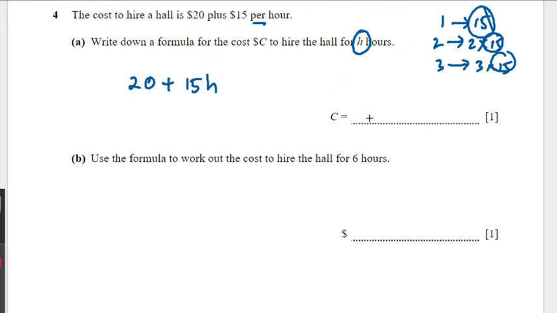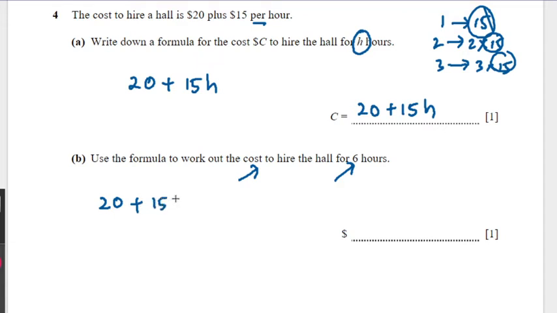Therefore the cost to hire the hall is C equals 20 plus 15h. Got it? For question B, use the formula to work out the cost to hire the hall for 6 hours. We already have the formula.